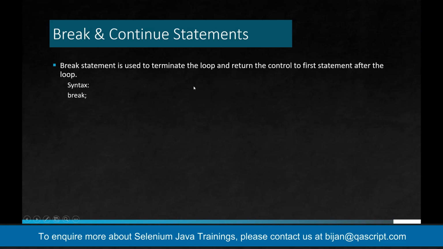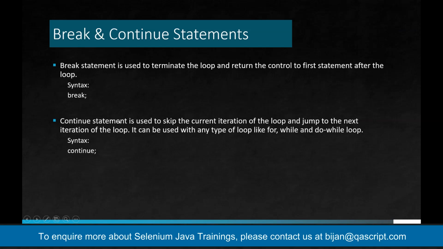Say you are writing a for loop and you have a certain range of numbers, and then you put a condition that you want to exit the loop if this particular condition matches. So you have to use this break statement to explicitly come out of the loop if you don't want to continue after a certain condition. Similarly, continue will skip the current iteration of the loop and jump to the next iteration.